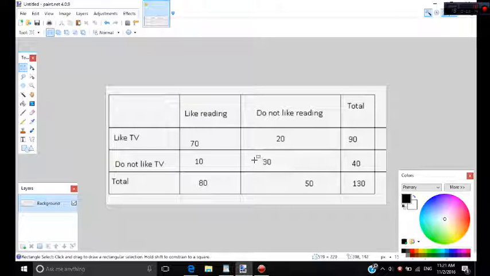So it would be 30 is what percent of 40, which is 75%. So the probability that if a student does not like TV, they also do not like reading would be 75%, because 30 is 75% of 40.